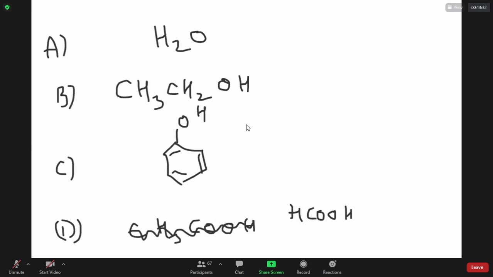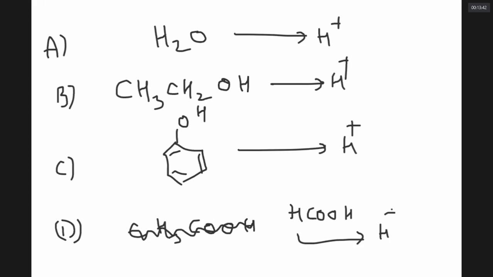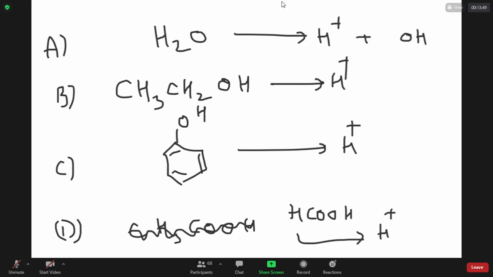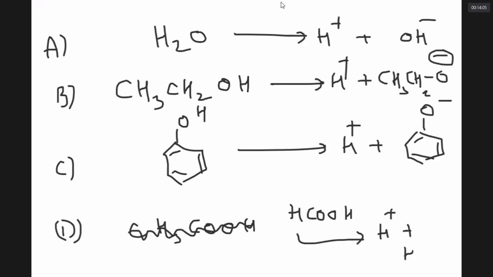To decide which is a better acid, first we work out the conjugate base. Any acid gives H plus. Along with H plus, water gives OH minus, ethanol gives CH3CH2O minus, phenol gives the phenoxide ion, C6H5O minus, and formic acid gives HCOO minus.